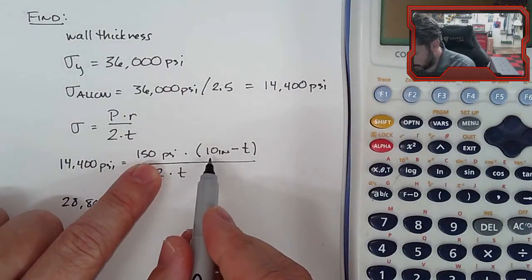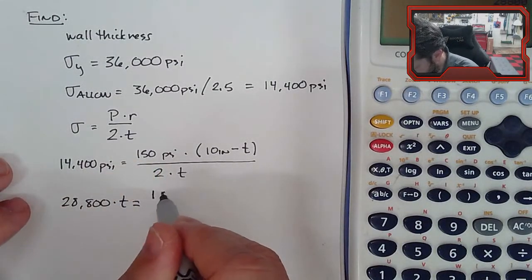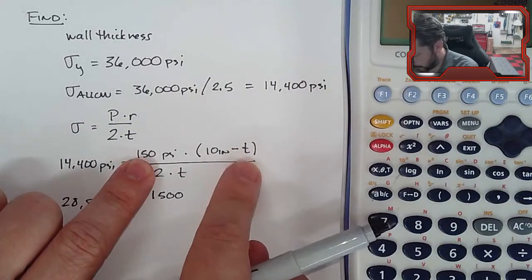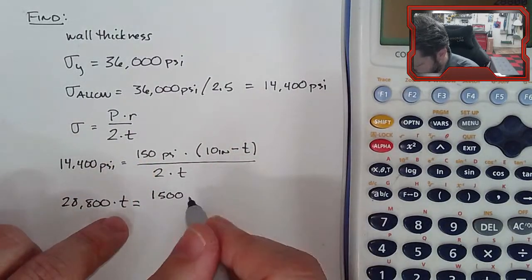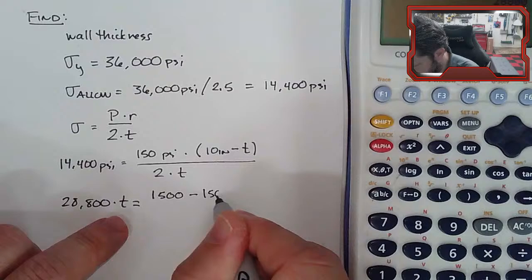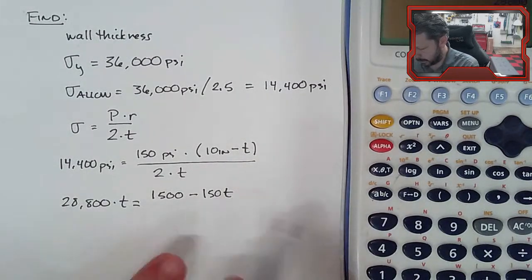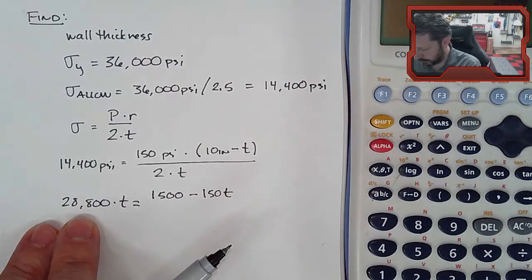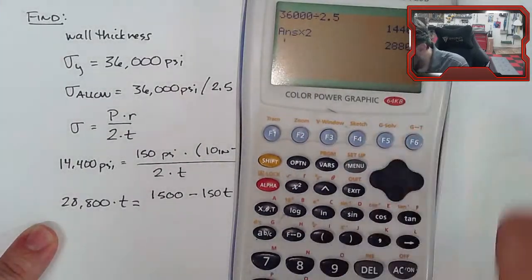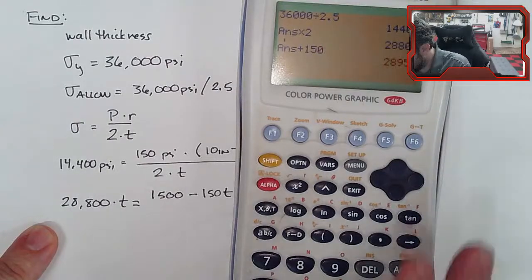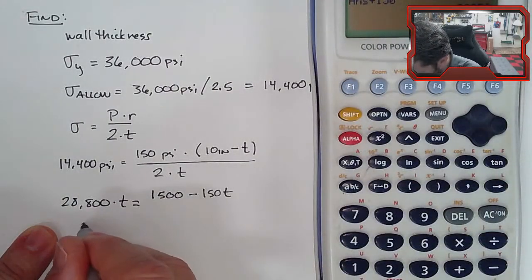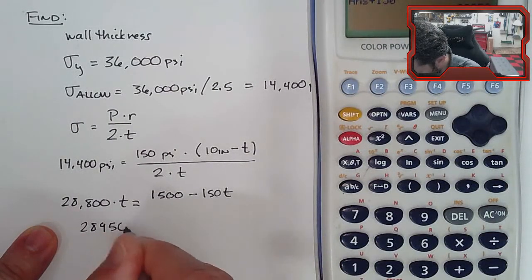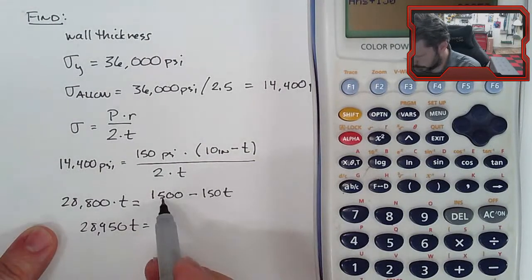Here I've got 150 times 10, so 1,500. 150 minus T, so minus 150 T. And I need to collect these T together, so I need to add 150 T over here. So 28,800 plus 150, I'm at 28,950 T equals 1,500.